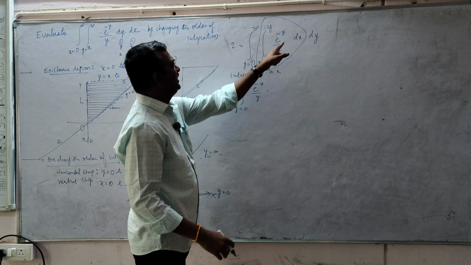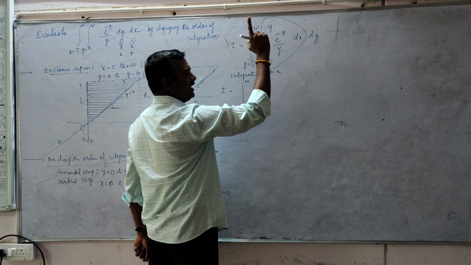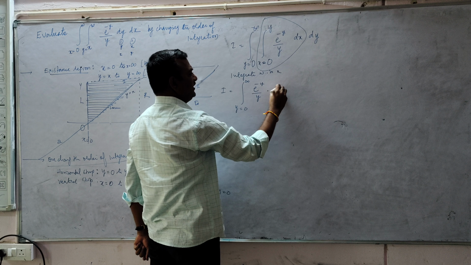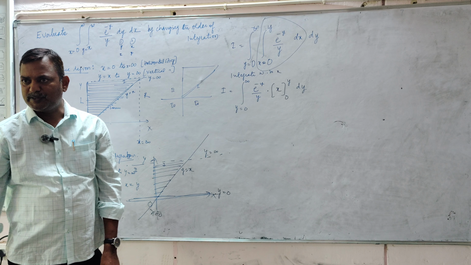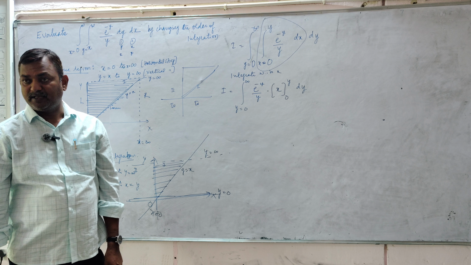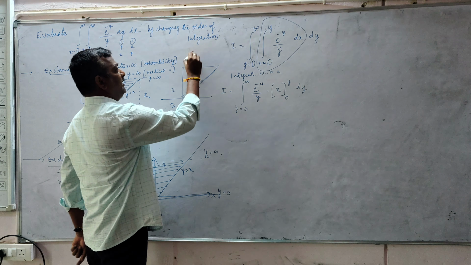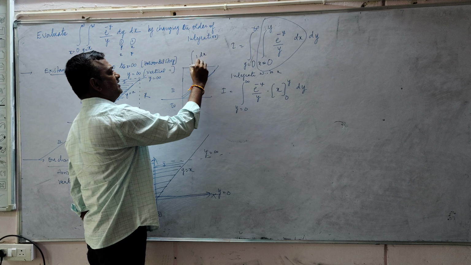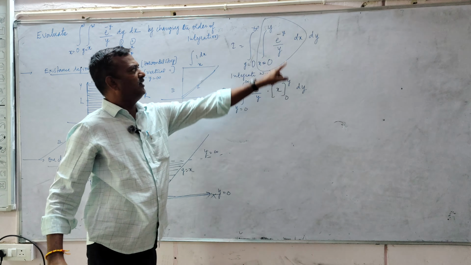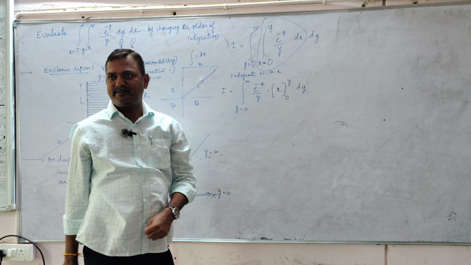If I take this outside, what is remaining here is the integration of 1 dx. Integration of 1 is x, between the limits 0 to y. Hope it's clear, right? The dy is as it is.